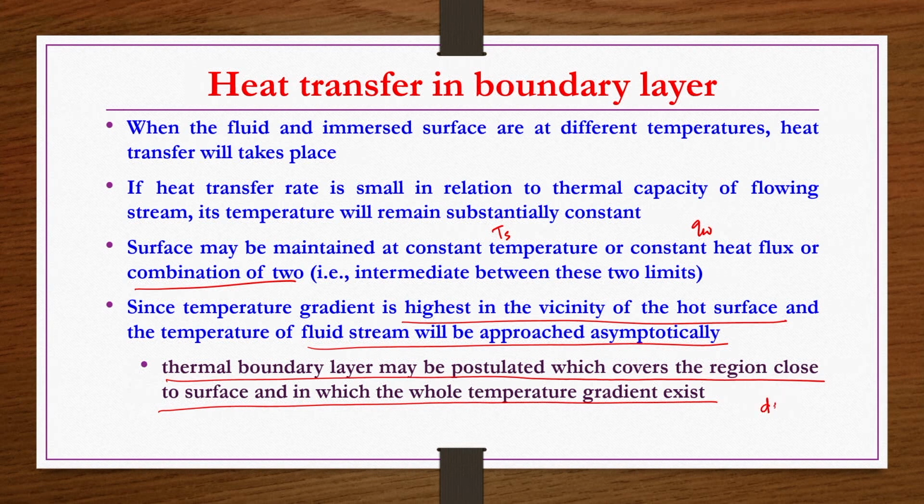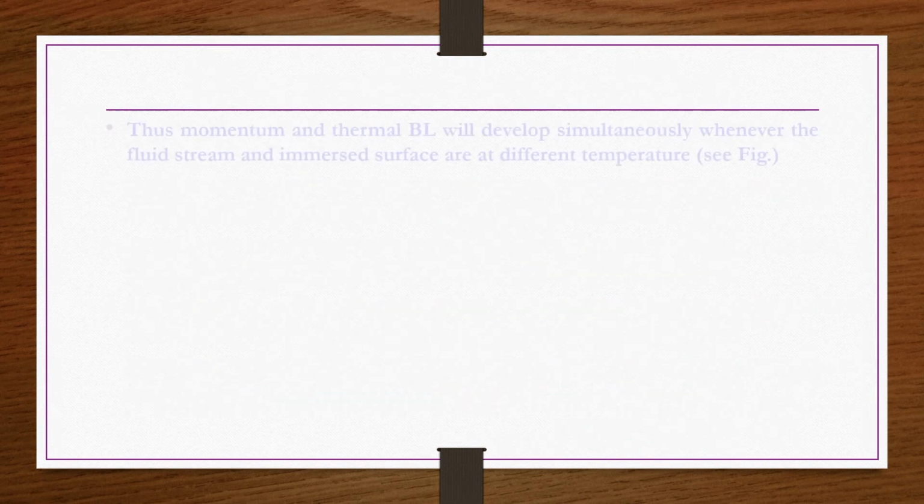One region in which the temperature gradients exist, that is within the boundary layer, and another region in which temperature gradients are approximately 0. They become exactly 0 only at infinite distance, but we can have some delta t distance in the y direction, after which, when y is greater than delta t, dT by dy is approximately 0, because physically we cannot have infinite distance, theoretically we can. So, this is exactly the similar way we did for the momentum boundary layer case.